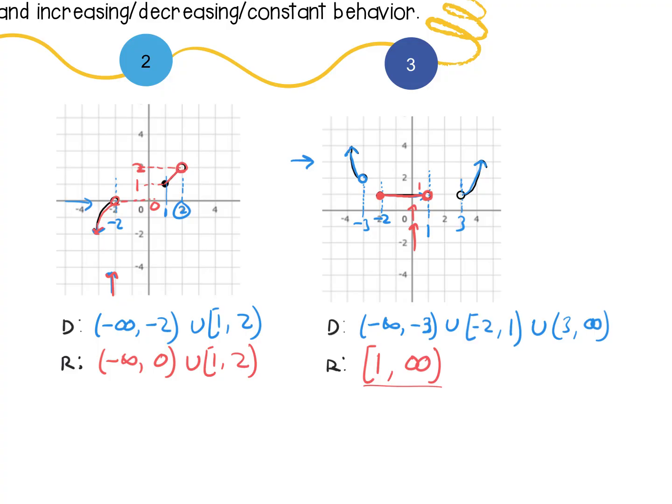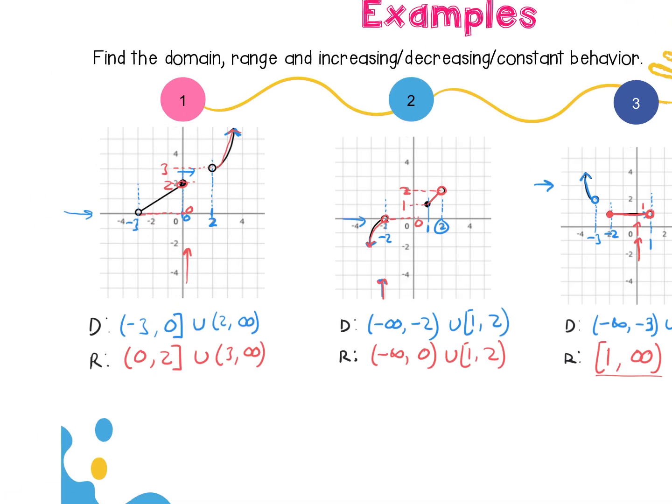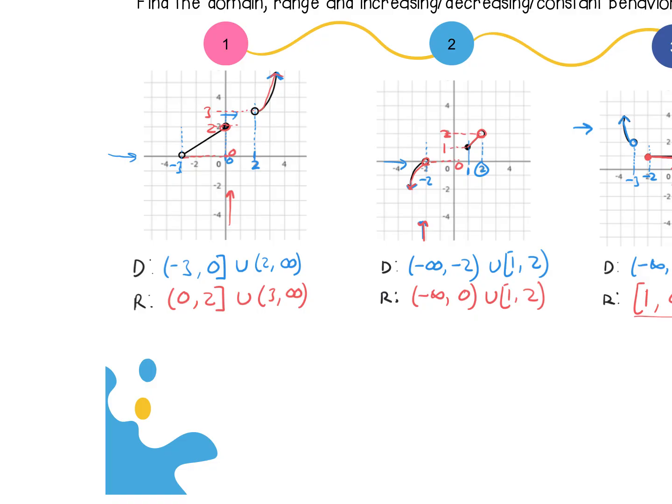Let's try to find our intervals of increasing, decreasing, and constant. This is the part that sometimes gets some people. So one thing to note with our increasing, decreasing, constant: you are looking only left to right.